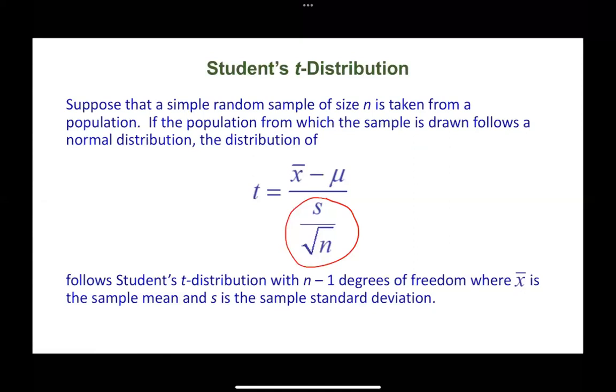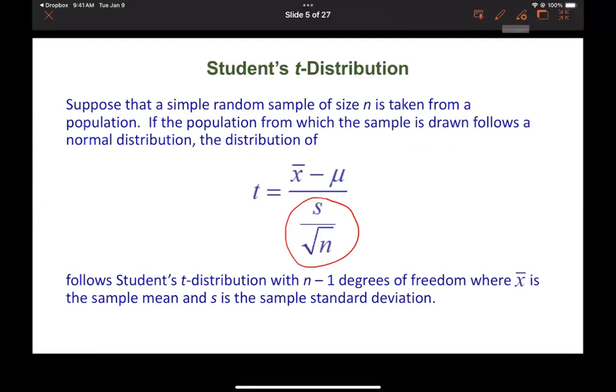So we'll take our sample standard deviation and divide it by the square root of n. Remember, n is our sample size. So this gives us a t-value, which is almost exactly the same thing as a z-score. And I will explain this n-1 degrees of freedom in a moment. So give me a moment on that and I will explain what it does.